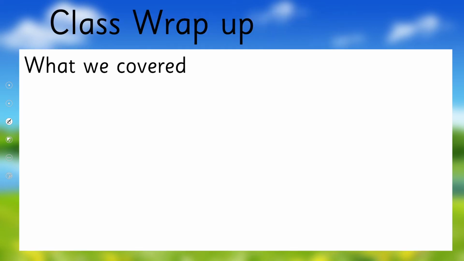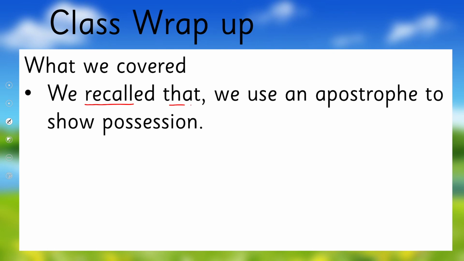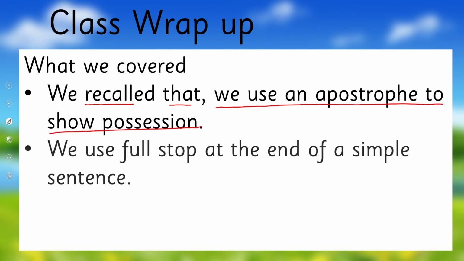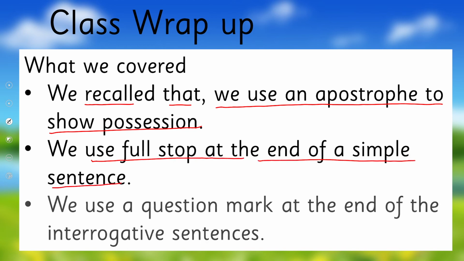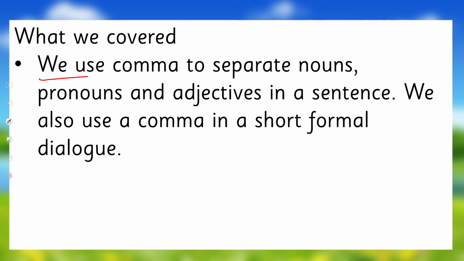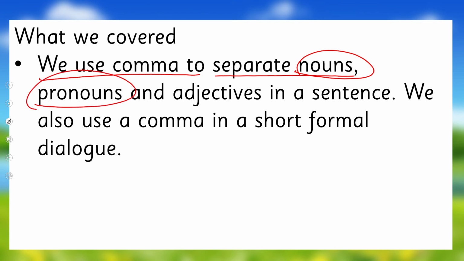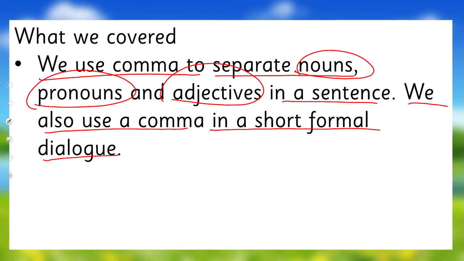All right. So what we have learned today: we recalled that we use an apostrophe to show possession. We use a full stop at the end of a simple sentence. And we use a question mark at the end of interrogative sentences. We also learned that we use comma to separate nouns, pronouns, and adjectives in a sentence, and we also use a comma in a short formal dialogue.